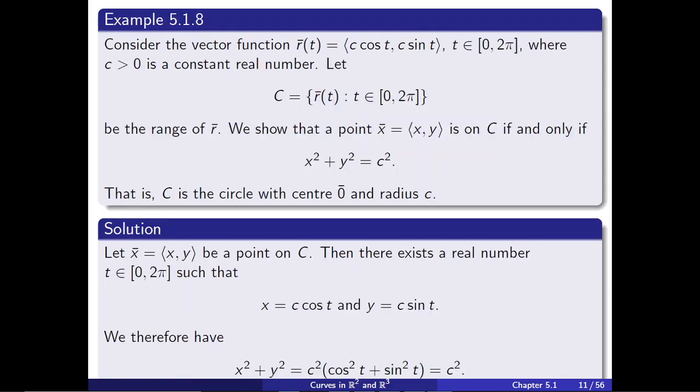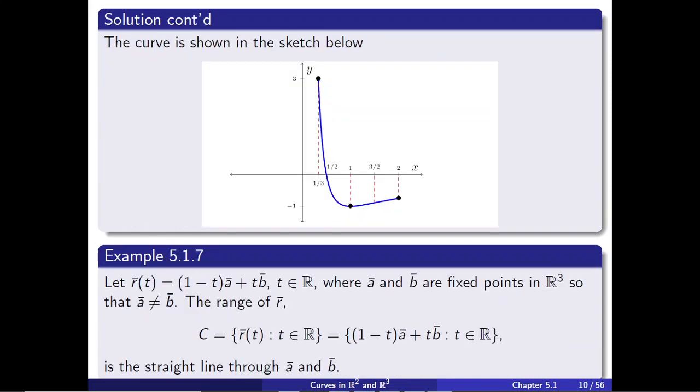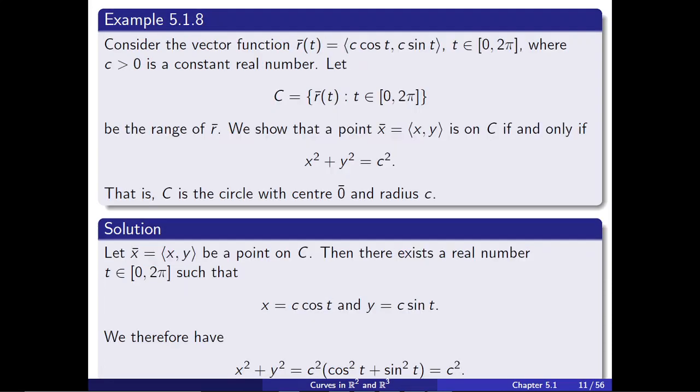And let's look at another example. So this one we didn't sketch the graph, but the graph is pretty easy. It doesn't start from A and B. It cuts across the whole R2 by passing through A and B, right?